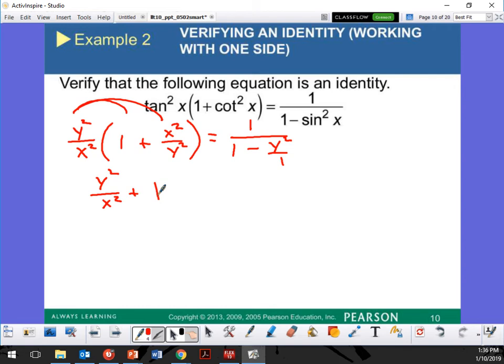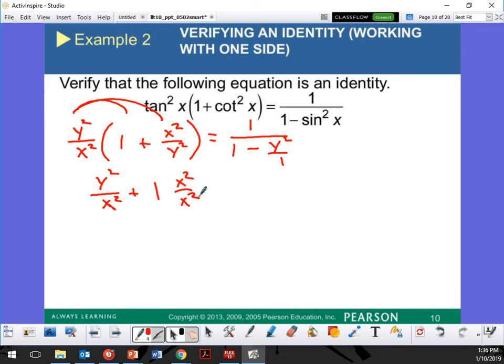What would the common denominator of this be? Common denominator right here on this one. It's not 1, it's x squared, right? The reason it's x squared is that 1 is just going to be x squared over x squared. That's where I'm going to get that.